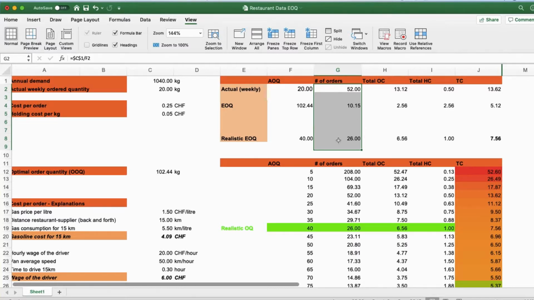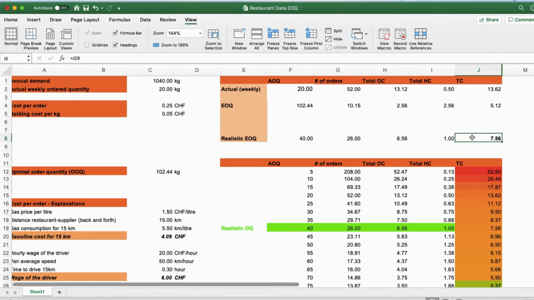His total cost would then be 7.56 francs for 40 kilograms of lettuce. But his total cost is 13.62 francs for 20 kilograms of lettuce when he orders lettuce once a week. So Mario can nearly cut his costs in half. Furthermore, the total cost of 5.12 francs using the optimal order quantity is not that much lower than 7.56 francs.